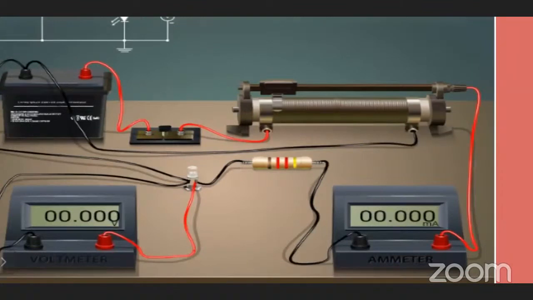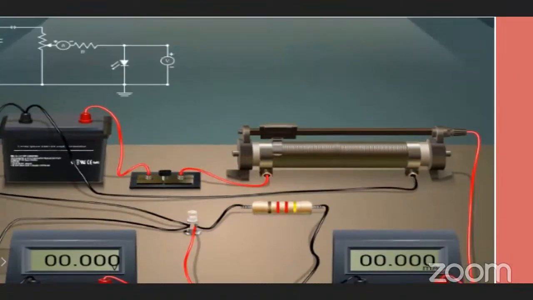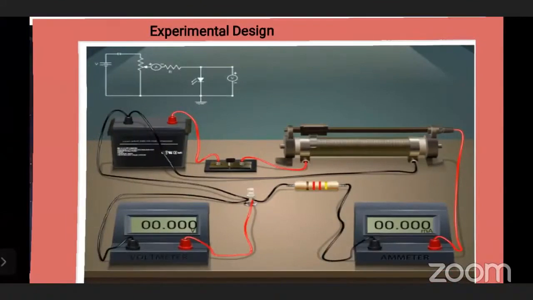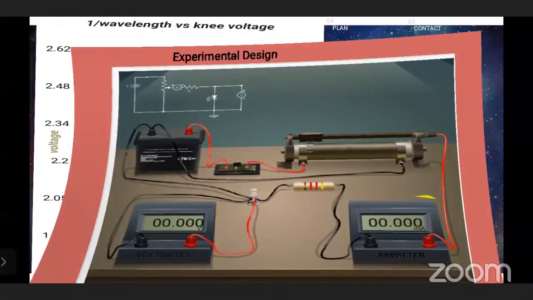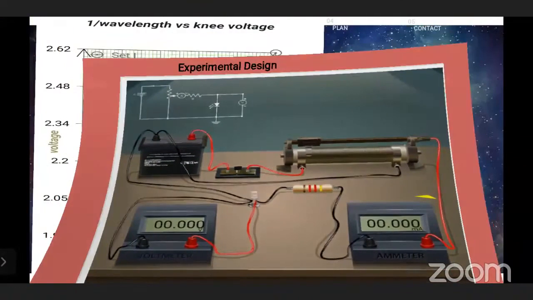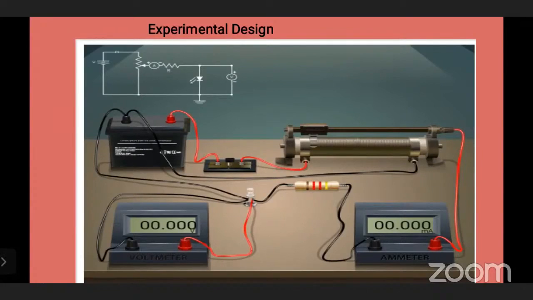The positive terminal of the ammeter is connected to the rheostat. So we have to change the rheostat so that the current flows through the LED. As the current changes, the voltage also changes.